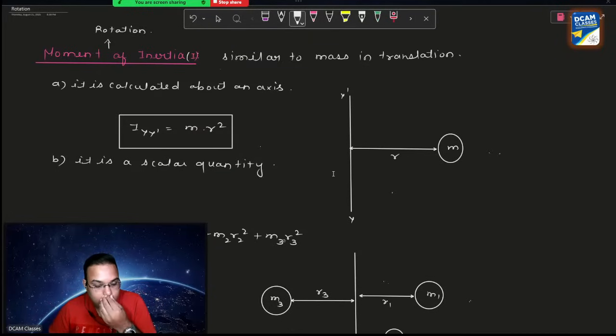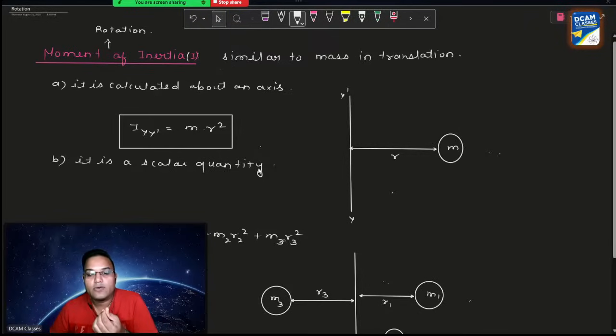We did it in circular motion. So we are starting from moment of inertia. What I've told here, moment of inertia is actually similar to mass in translation. It is calculated about an axis. How is it given? Moment of inertia about an axis y dash for a mass m which is present at a distance r from the axis is given by m into r square.